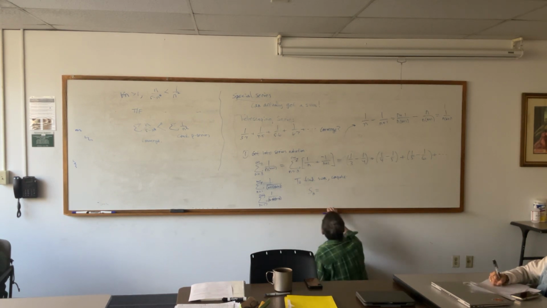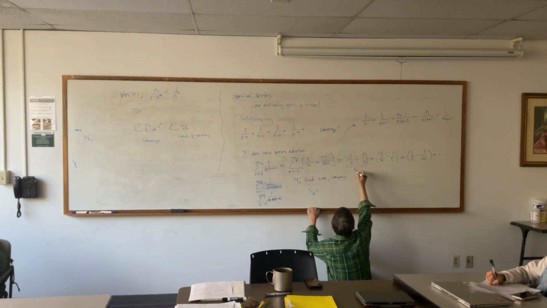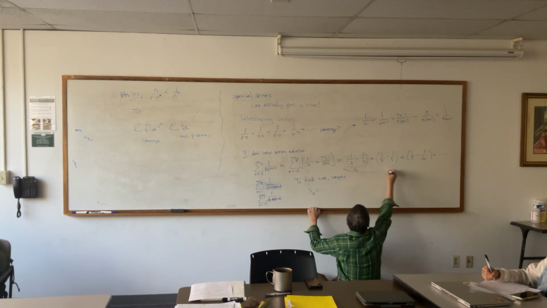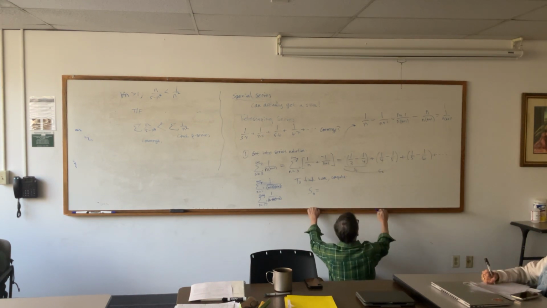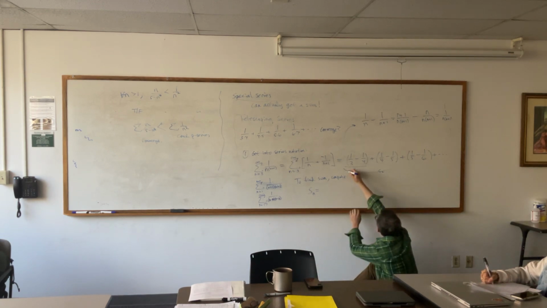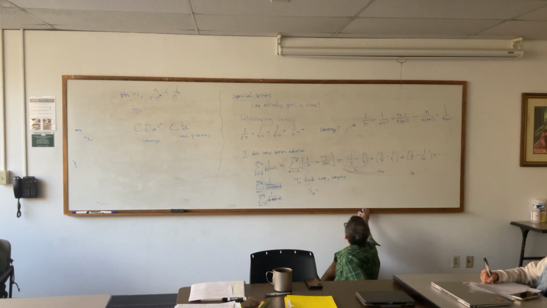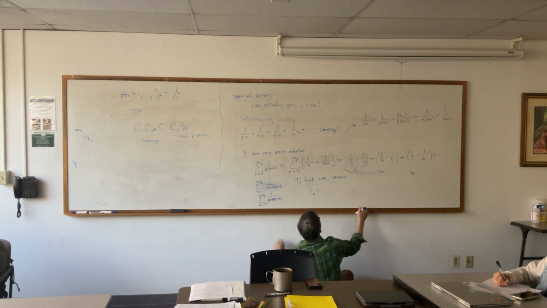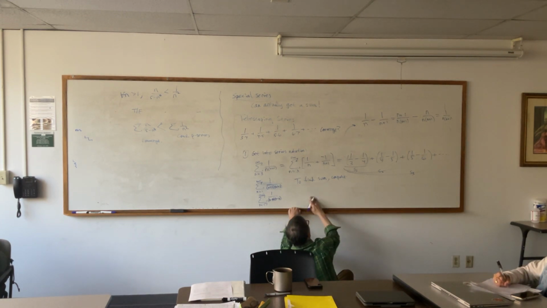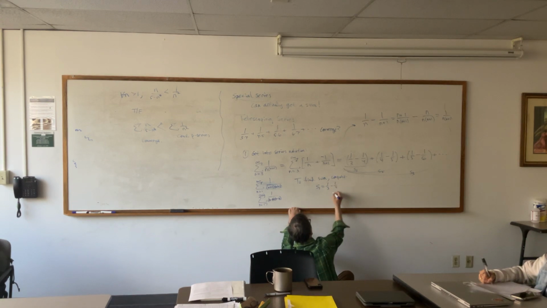Here is S sub 1. Here is S sub 2. Here is S sub 3. So let's see if we can be slick about this, and maybe let's just write it out down here to help ourselves out. So S sub 1 is going to be 1/3 minus 1/4.